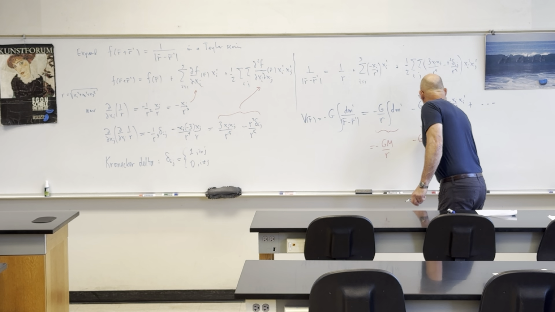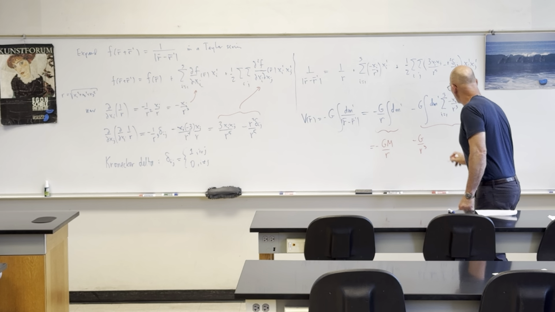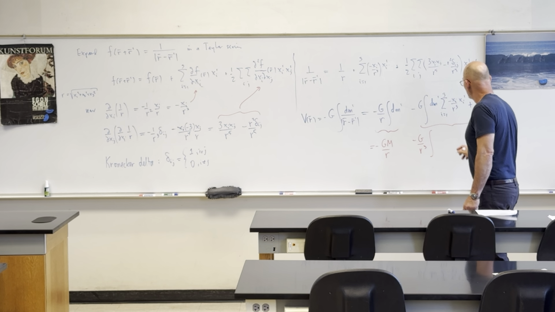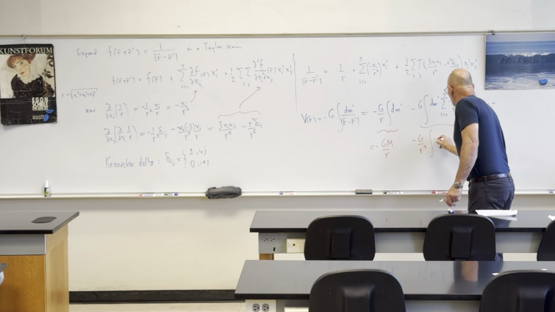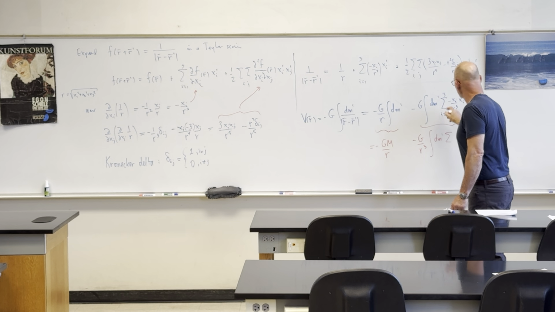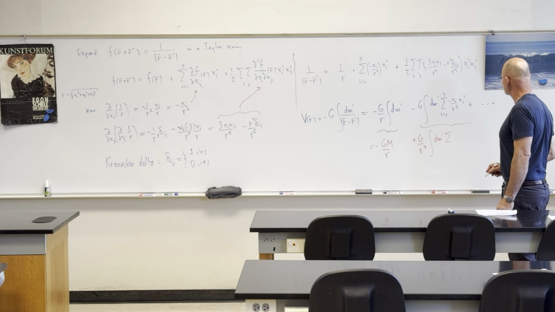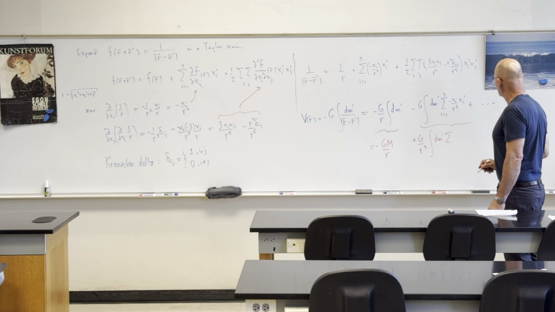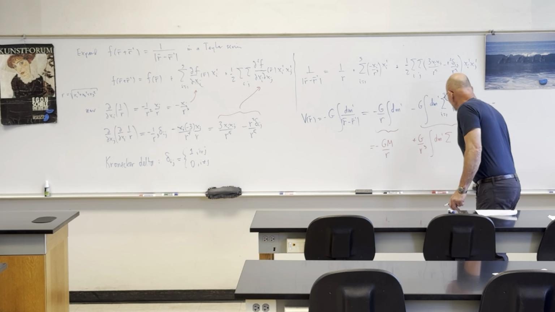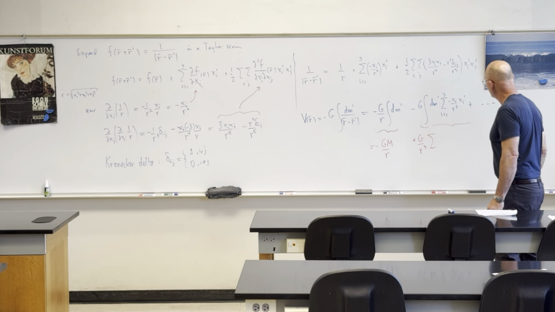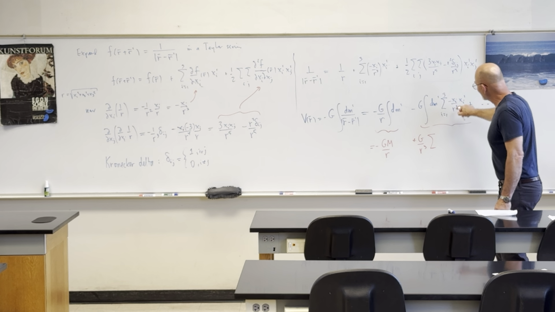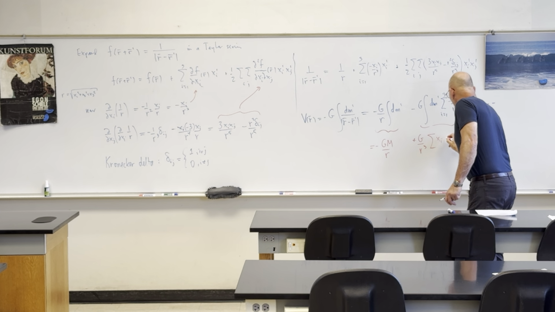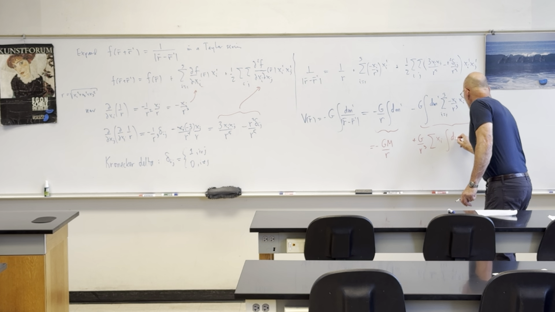So we have minus G over r cubed, then an integral dm prime sum over, and by the way, the minus signs cancel. We go ahead and put the x_i outside, because what else are we not integrating over? So it's sum over x_i integral dm prime x_i prime.